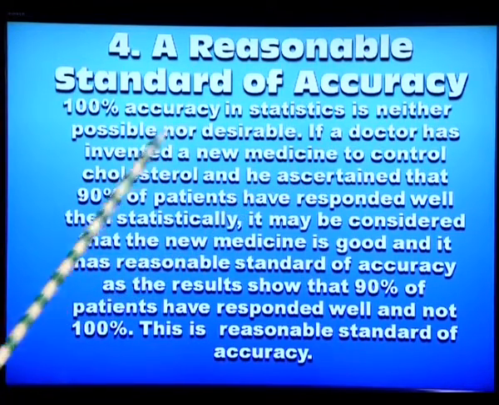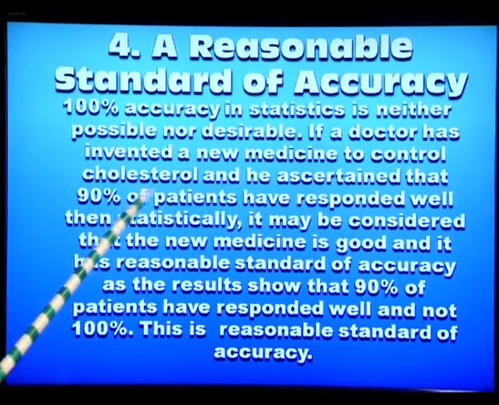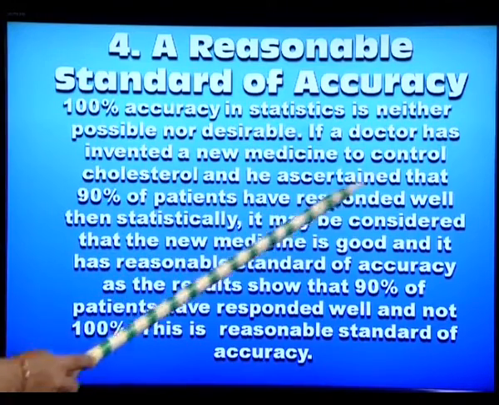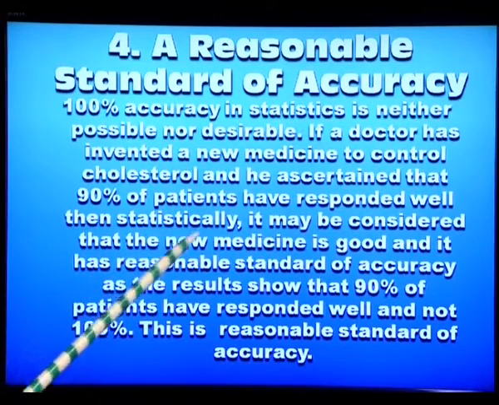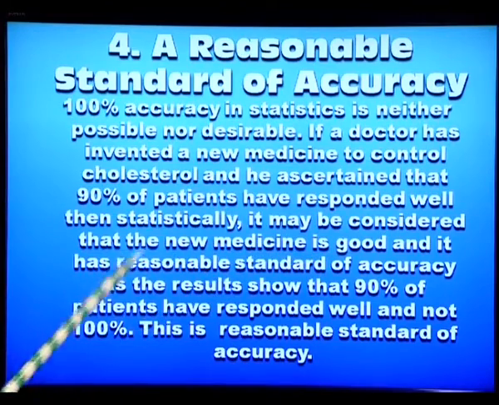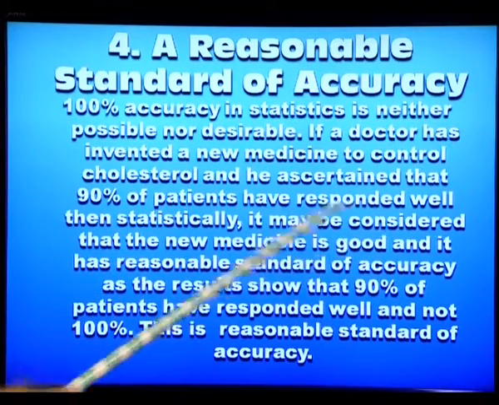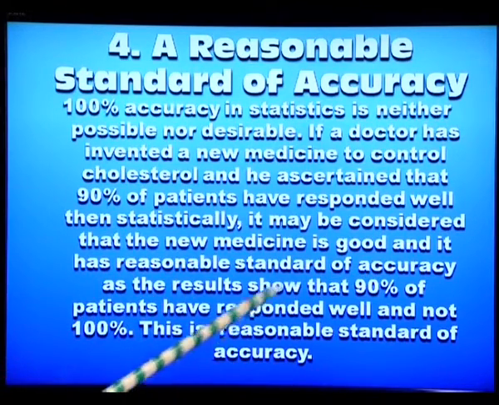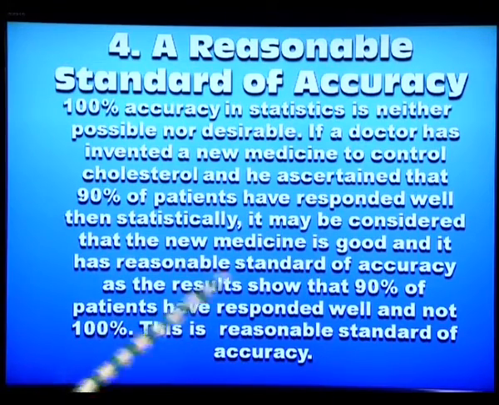If a doctor has invented a new medicine to control cholesterol and he ascertained that 90% of patients have responded well, then statistically it may be considered that the new medicine is good and it has a reasonable standard of accuracy, as the results show that 90% of patients have responded well and not 100%. So, statistics does not go in for 100%, and this is a reasonable standard of accuracy.